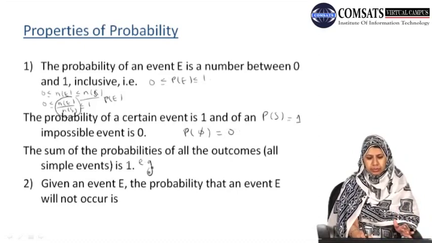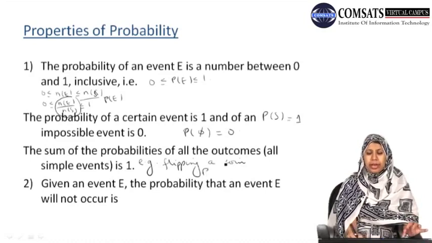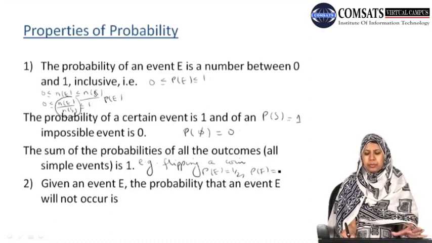For example, consider the example of flipping a coin. Then the probability that head will occur, denoted by the event E, is 1 by 2, and the probability that the tail will occur, denoted by the event F, is 1 by 2.